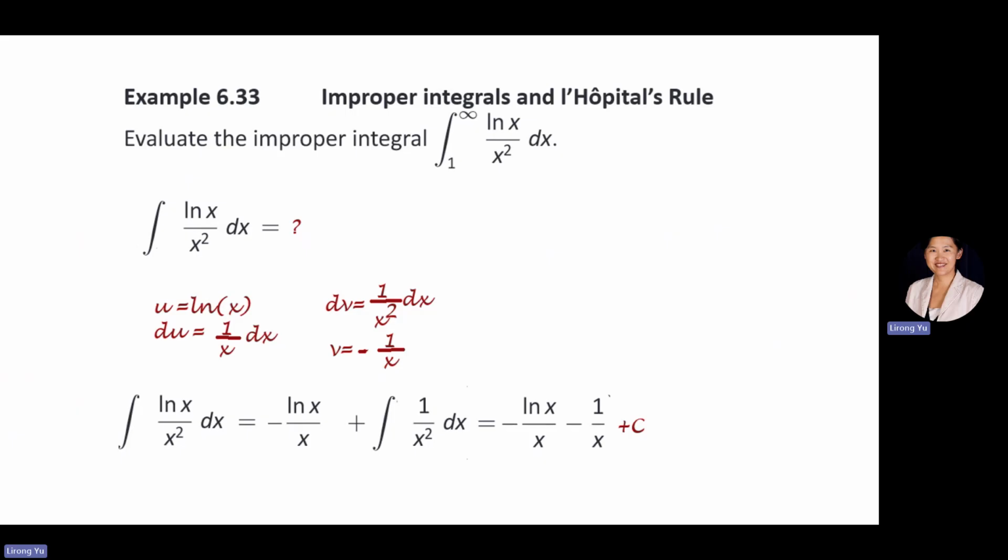With u equal to the natural log of x, du is 1 over x dx, and everything else is your dv. dv is 1 over x squared dx, therefore v is negative 1 over x. That's the antiderivative of x to the negative 2 power. You can integrate this with the power rule. Remember in integration by parts, one part of the function is differentiated, here the natural log, and the other part is integrated, here 1 over x squared.